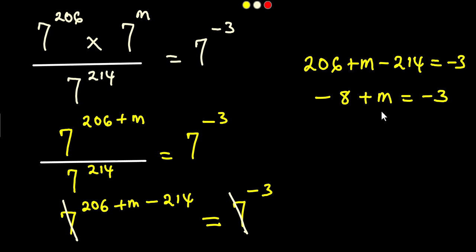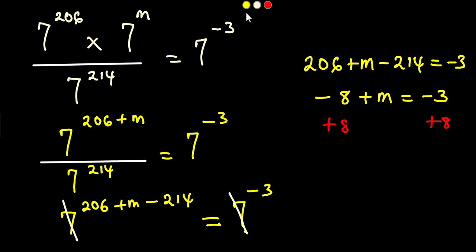Because the whole goal here is to get a numerical value for m. Again, I'd like to show you how I got my value for m. Because here is minus 8, what I want to do is add the reverse of it, which is plus 8 here, and also add the same number on the right, plus 8.